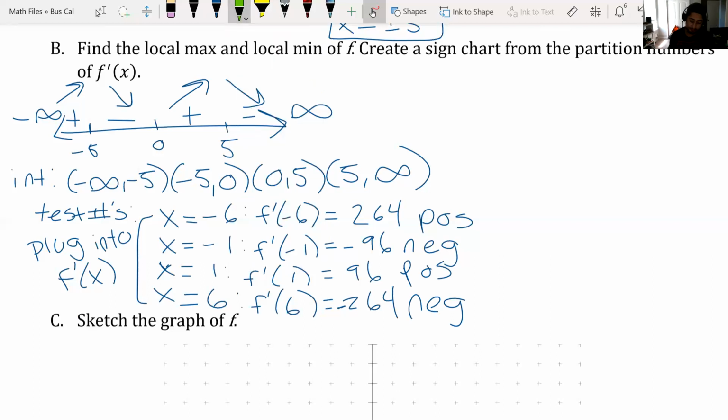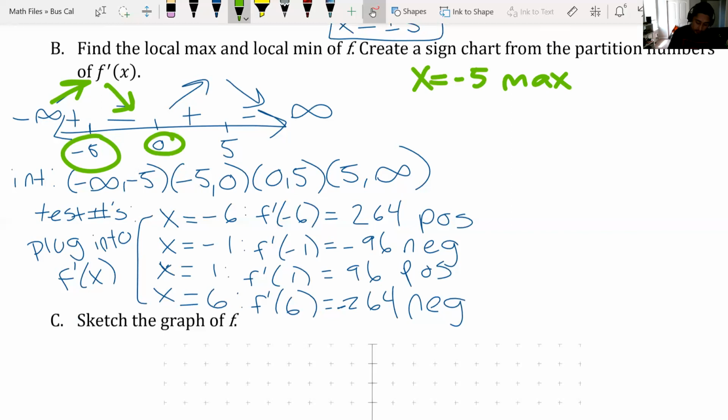Let's look at our numbers. First number up is -5. You increase, and then you decrease on -5. This means that x equals -5 is a max. Then we look at 0.